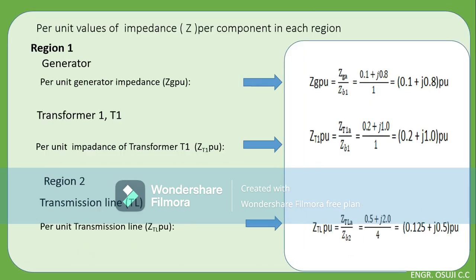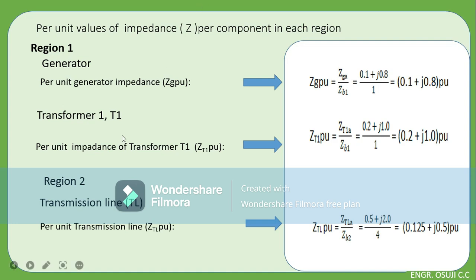Now the next step is to find the per unit impedance for each of the components in each region. First and foremost, we remember that in region 1 we had our generator. When we consider the generator in region 1, we look at the base impedance for region 1.